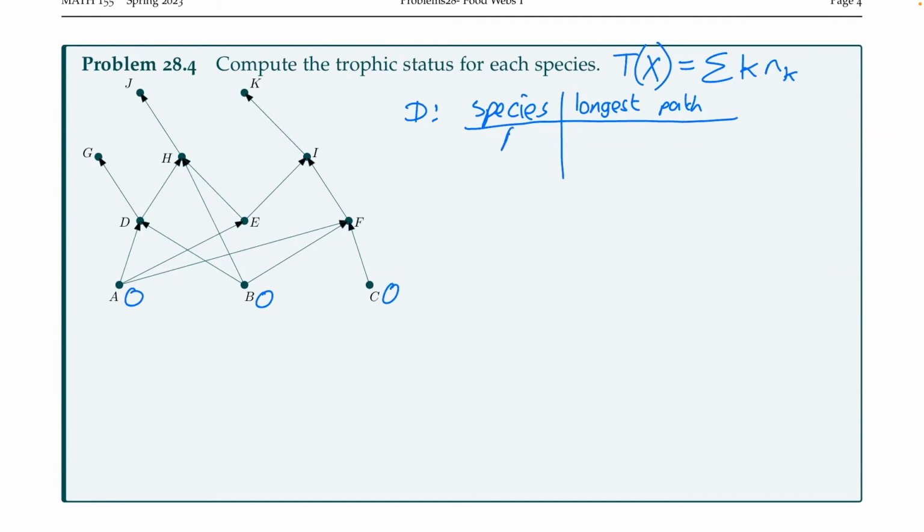A and B. Okay, so just 2 species. And what's the longest path of A to D? 1. Longest path of B to D, 1. We add these things up. The trophic status of D is just 2.